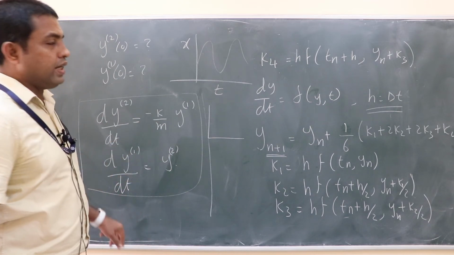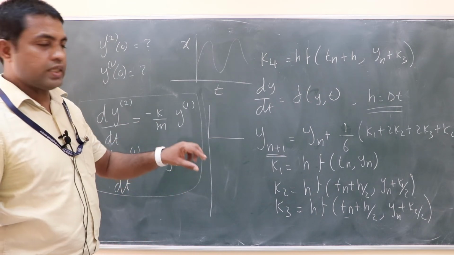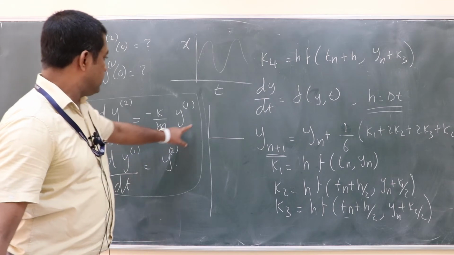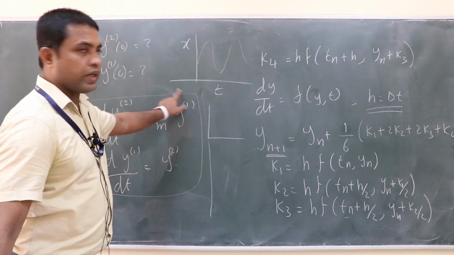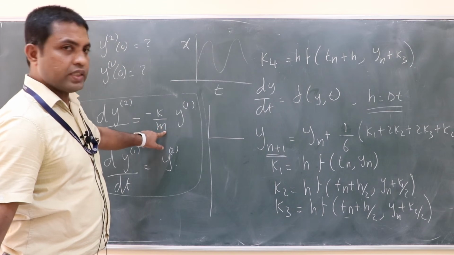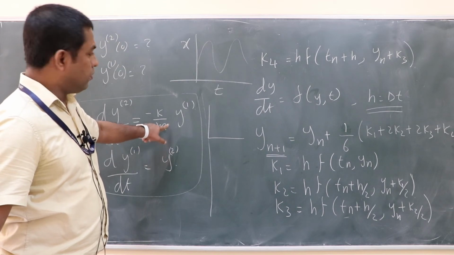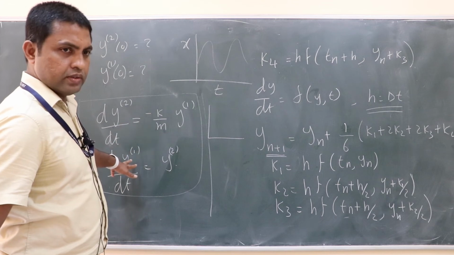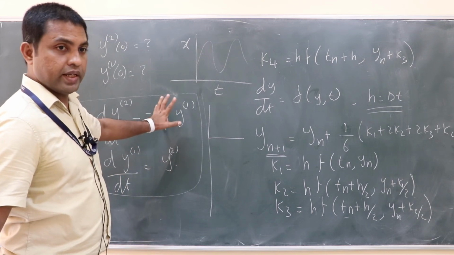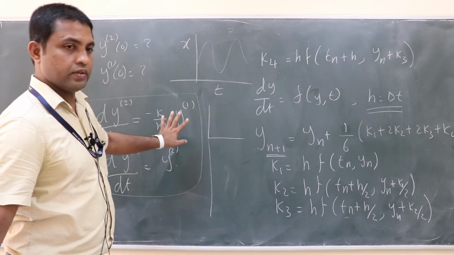So the first thing you have to understand is this. This is the function on the right hand side for the first equation. This function in general can be a function of y1, y2, because it is a two variable problem. In this particular problem it is only y1, no problem.